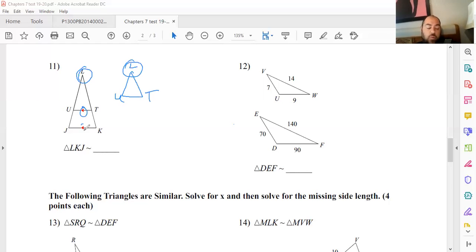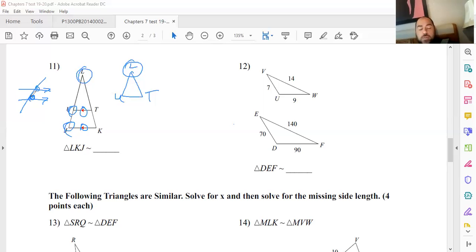And the only other piece of information we're given is that UT and JK are parallel. Well, because they're parallel, that's going to give us this angle right here, U, and this angle right here, J, as being congruent. If we were to draw two lines that are parallel and cut by a transversal, this angle right here and this angle right there would have to be congruent because they're alternating, or same side.